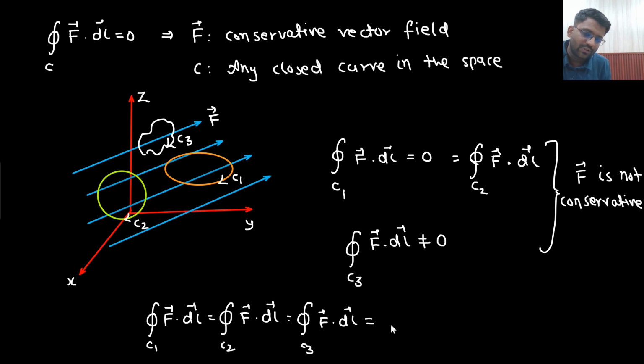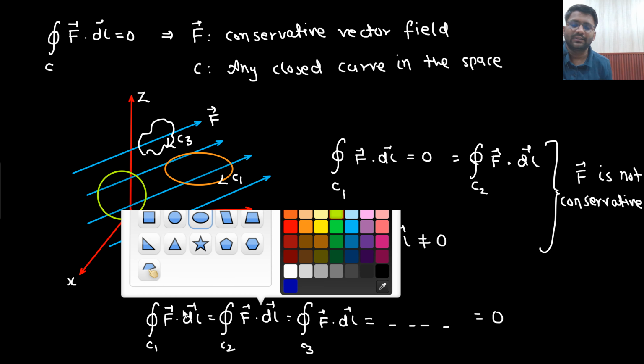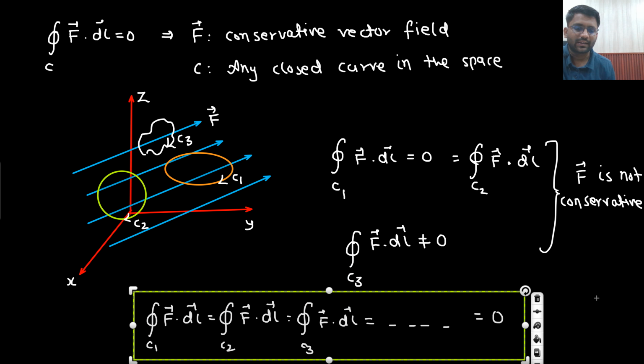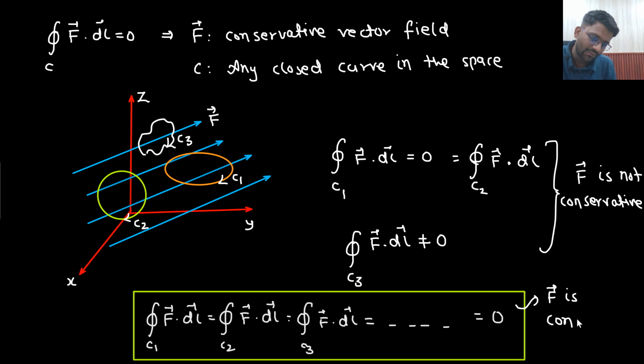If it is always coming out to be 0, then you would notice that yes, this is a conservative vector field. F is conservative. Okay, well and good. So I hope you have understood the meaning of conservative vector field here.